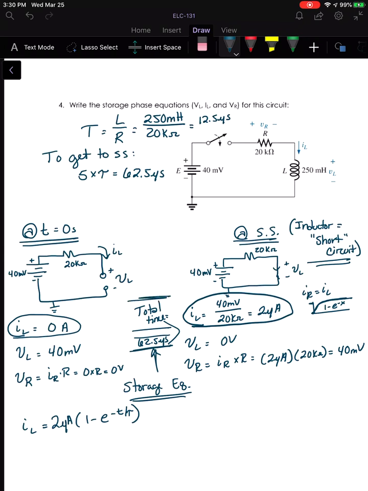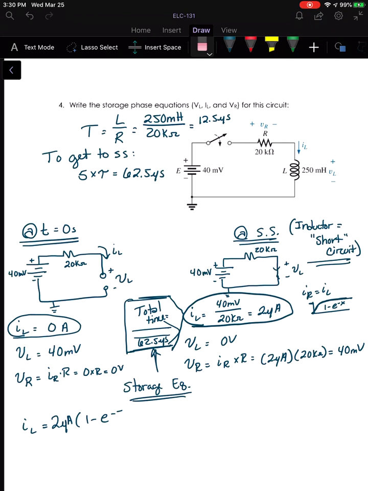That's how long we're in this stage where we're going from the t equals 0 seconds to steady state. It takes 62.5 microseconds to get there. However, that's not what we put in our equation. What we put in our equation is just the time constant, the one time constant.